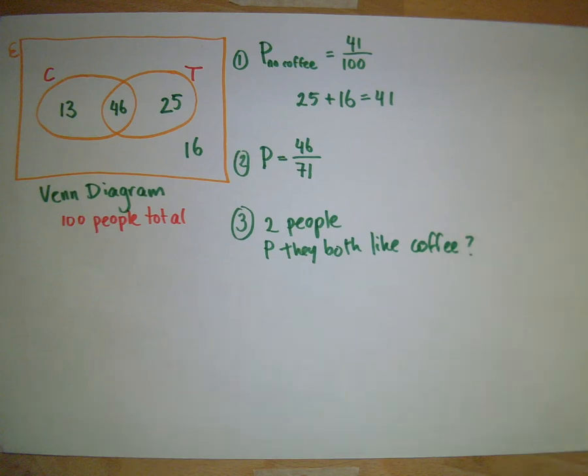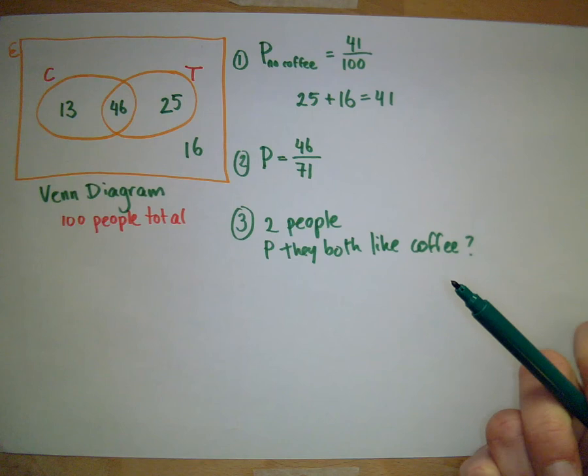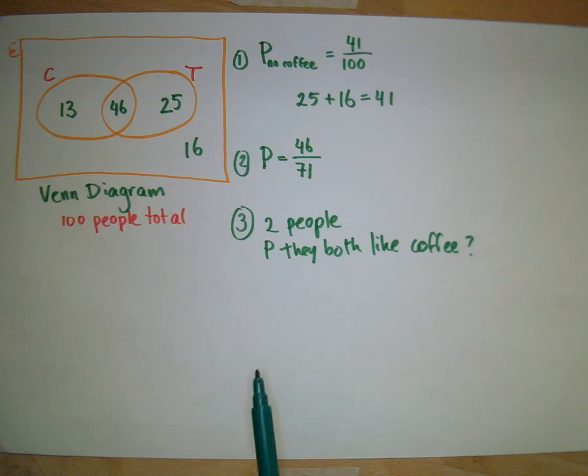Okay, how about we figure that out for the first one we pick out? We pick 2 people, right? We pick one first and then we pick another one. What is the chance that the first person we pick likes coffee, and then when we pick a second one out, that person also likes coffee?